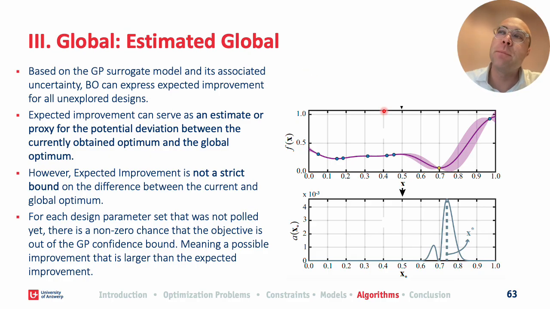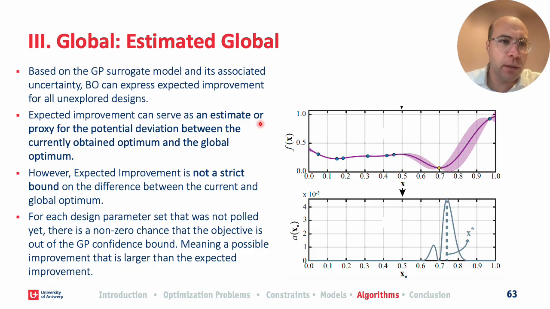If your expected improvement is only 0.0001 Newton meters, then you might say, okay, maybe we're in a local optimum, but if the global optimum might only be 0.0001 Newton meters better, then I can settle for the local optimum.